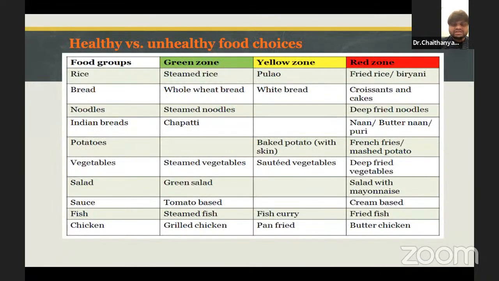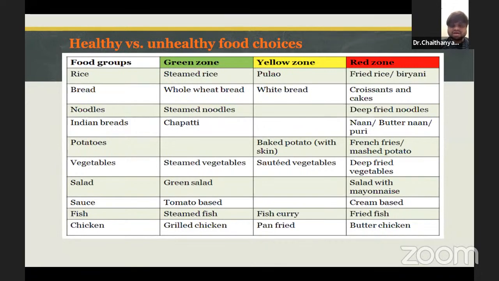So these are the various foods which represent the various colors. For example, steamed rice belongs to the green zone, pulao belongs to the yellow zone, fried rice or biryani to the red zone. In the same way, if you have bread, whole wheat bread is green zone, and so on for the remaining items. Initially, when you want to control diabetes and bring down the sugars with the help of diet and medications, the diet pattern should be very strict.